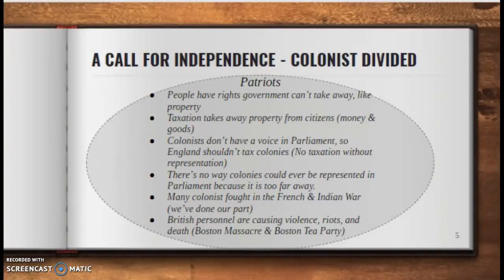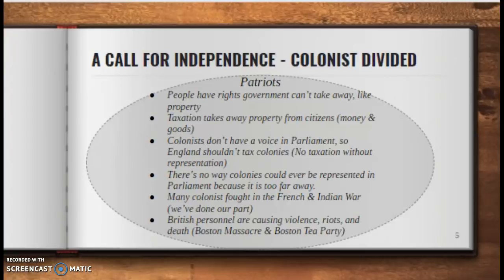The colonists believed they had fought in this war for the British government and for the colonists, that they had done their due diligence, and that they shouldn't have all of these arbitrary taxes placed on them without representation or agreement from the colonists and British Parliament.